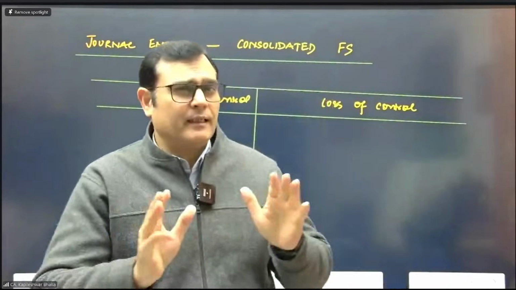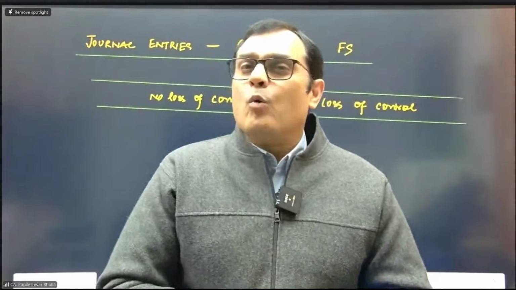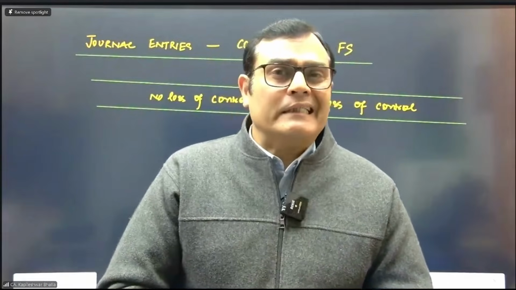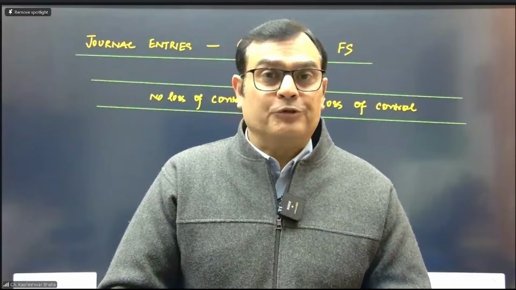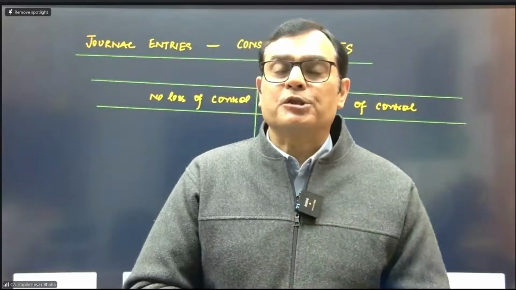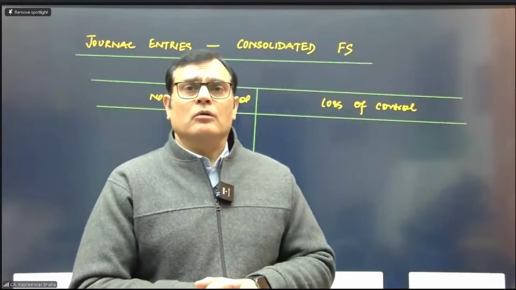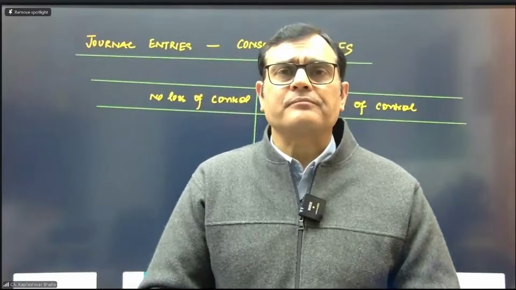Now, let's analyze this carefully with logic. When you acquired control under Ind AS 103, what did you do? You put in an acquisition entry. Because when you acquired control, you did the acquisition entry. Now, if you lose control, you do one thing: reverse that entry. As simple as that.